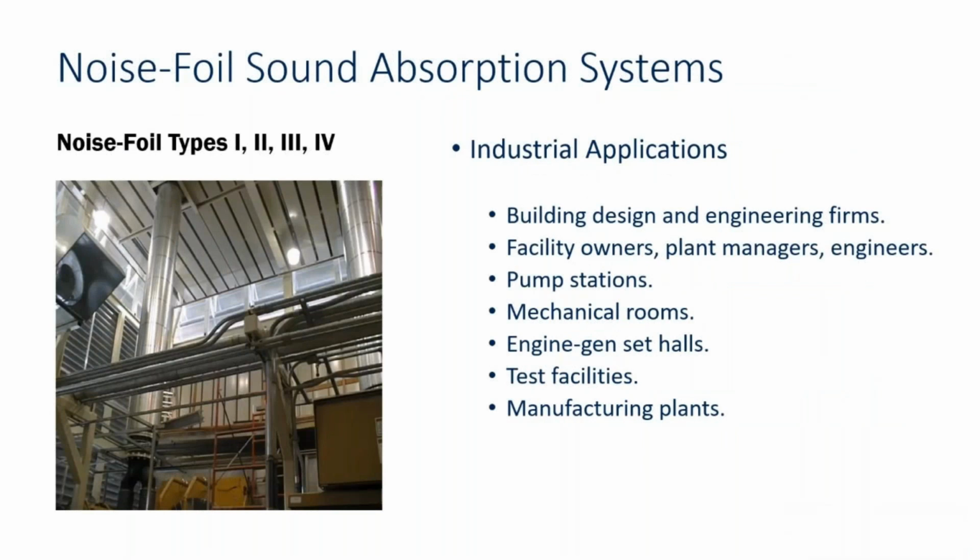IAC Acoustics noise foil sound absorption panels are suitable for equipment rooms, pump stations, engine genset rooms, test facilities, manufacturing plants, compressor rooms, and equipment halls, really a wide variety of industrial plants and facilities.